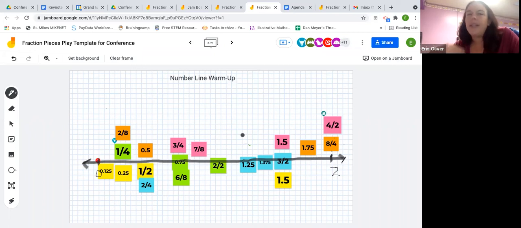So I actually reset this one every day. So if we did this number line activity, it would be reset on the same Jamboard the next time I did it. And I do save some Jamboards to show student work, like the fraction talk one I showed you. I show the fraction talk ones to show, wow, look at how much better we're getting at this. But I don't do it with all of them. Sometimes I keep the template and just reset it each day.